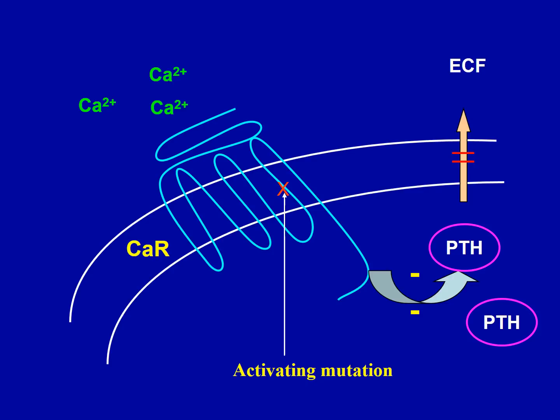So parathyroid hormone production is constitutively suppressed or switched off, calcium levels fall, and the patient can develop symptomatic hypocalcemia. A lot of these individuals don't actually develop symptoms. They have mild asymptomatic hypocalcemia.